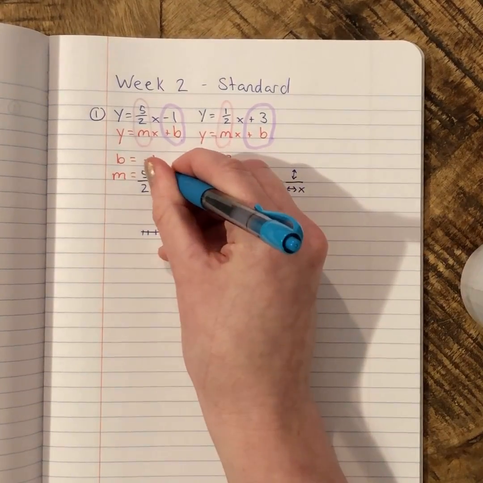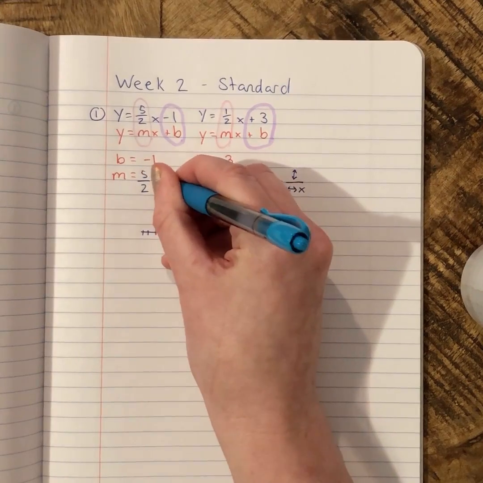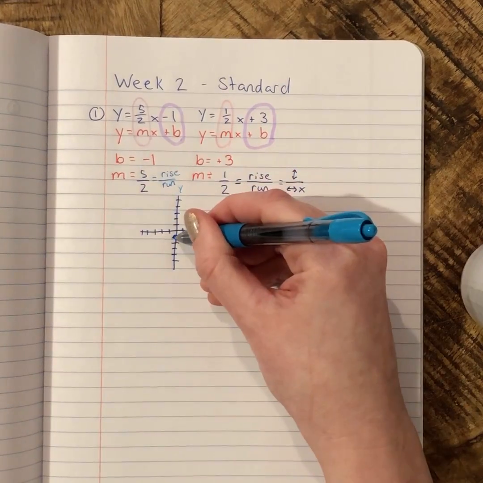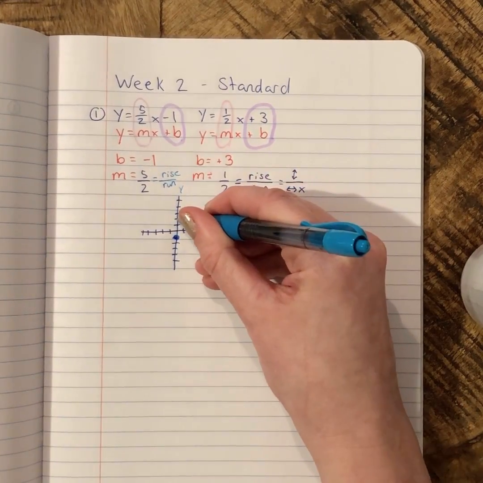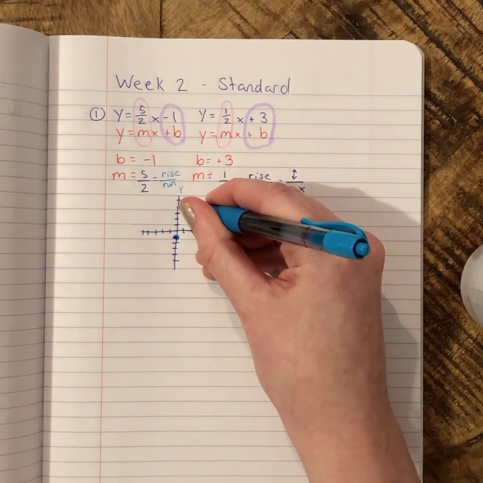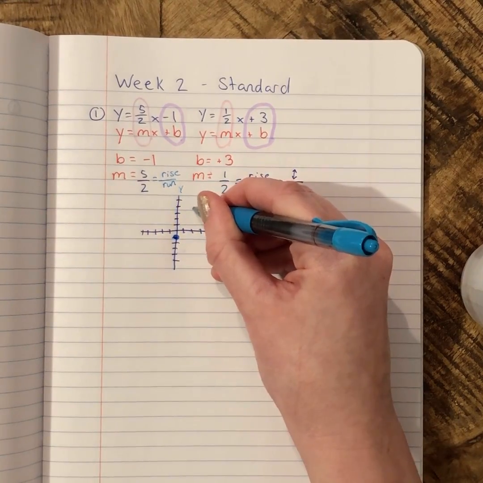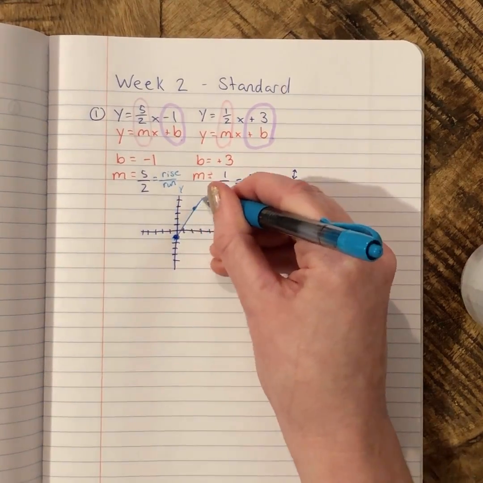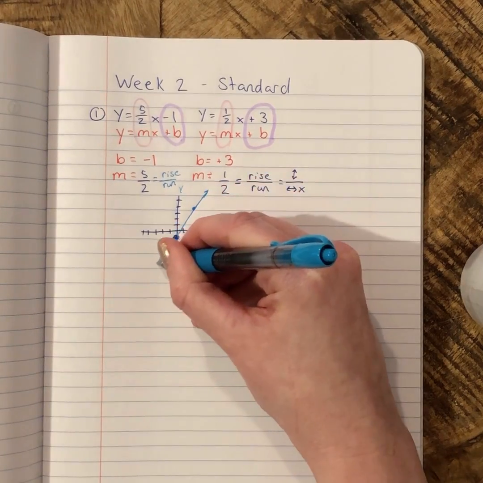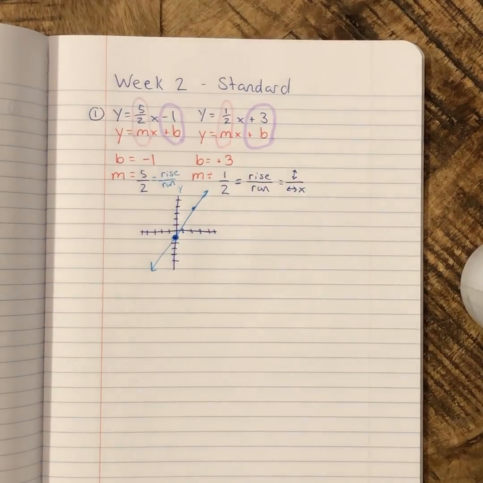And we remember that it is rise over run. I'm going to go up 5, 1, 2, 3, 4, 5, and then I'm going to run positive 2. I'll connect those dots and draw the line.